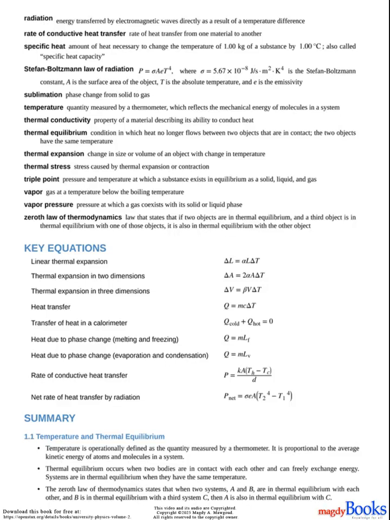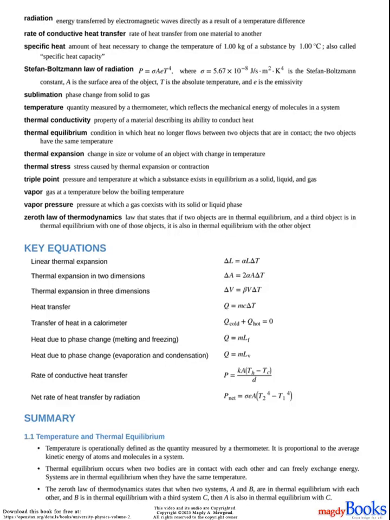P equals sigma A E T to the power of 4, where sigma equals 5.67 times 10 to the power of negative 8 joules per second meter squared K to the power of 4, is the Stefan-Boltzmann constant. A is the surface area of the object, T is the absolute temperature, and E is the emissivity. 34. Sublimation phase. Change from solid to gas.